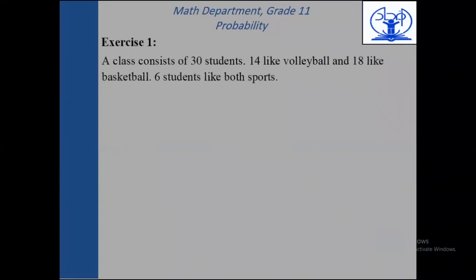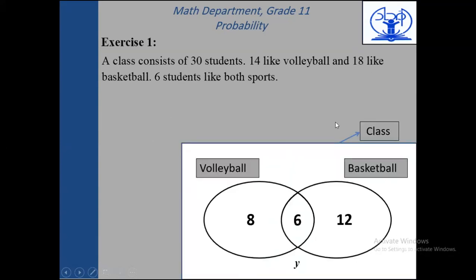Exercise 1. A class consists of 30 students, 14 like volleyball and 18 like basketball. 6 students like both sports at the same time. As you can remember, such problems last year were modeled by a Venn diagram.